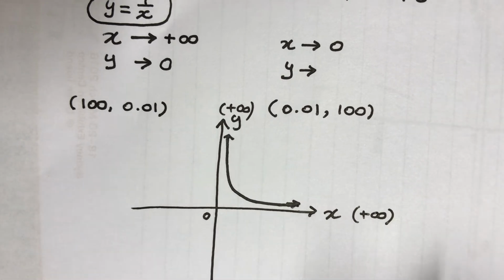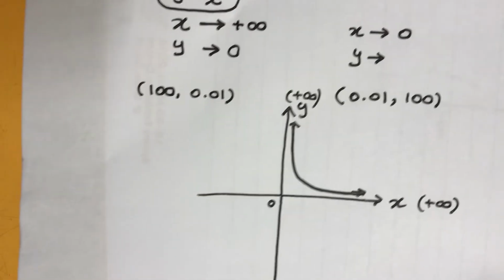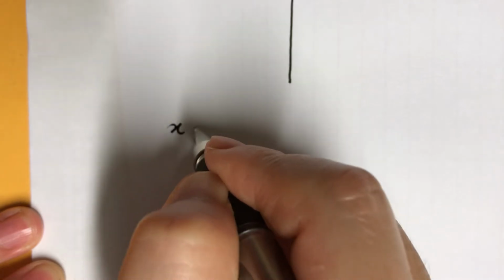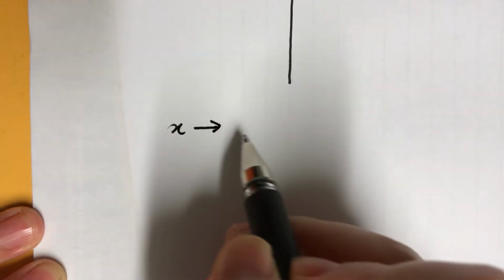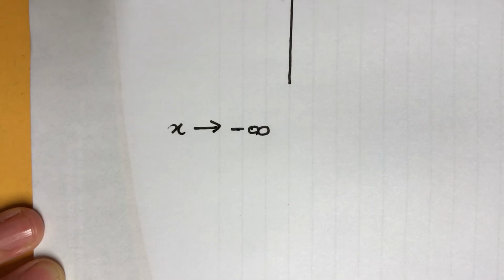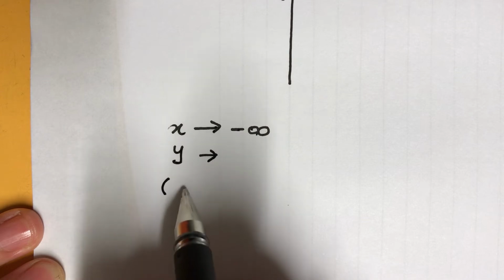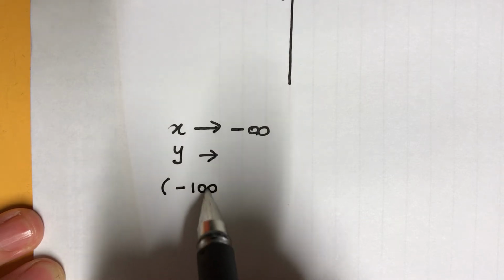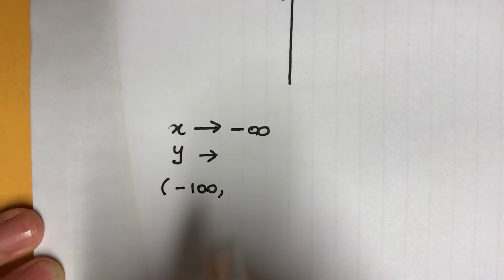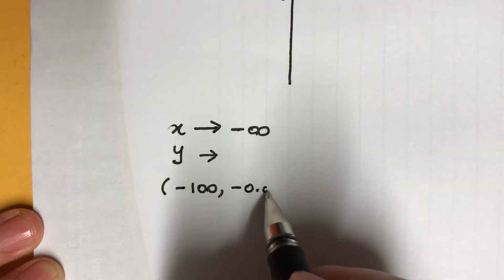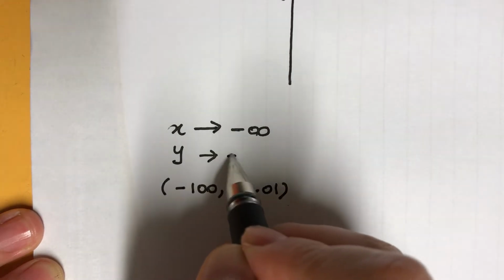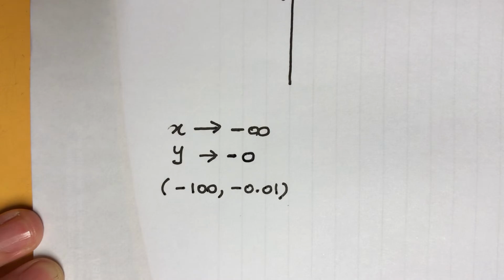Now we move this a little bit up, and when x goes towards negative infinity, say minus 100, what will happen to my y value? I'll go minus 100, and obviously y will get minus 0.01. So I will go towards minus 0.